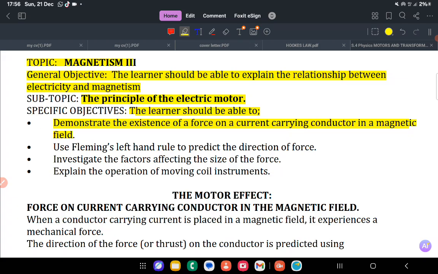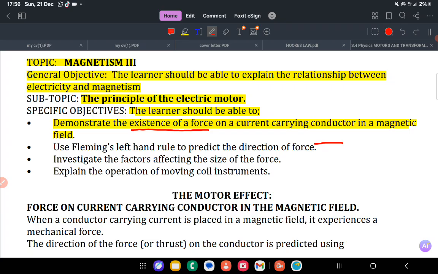So we are saying you should be able to recognize the fact that a current carrying conductor in a magnetic field experiences a force. That's a very important point to note. We expect you to be able to demonstrate that a wire which is in a magnetic field will experience a force.